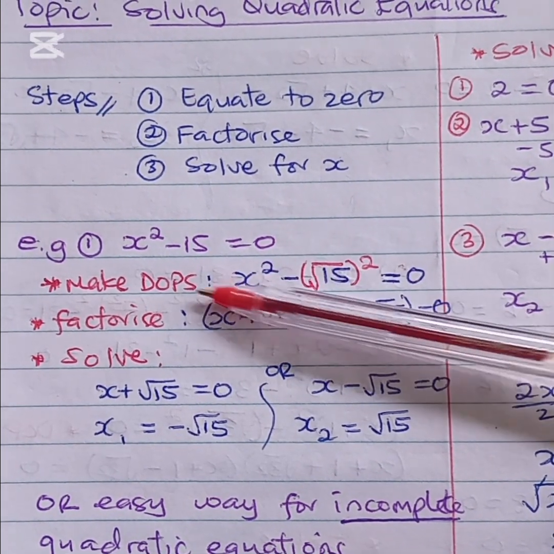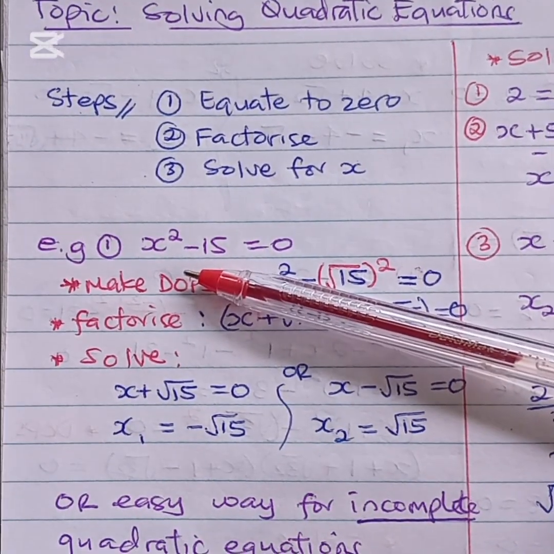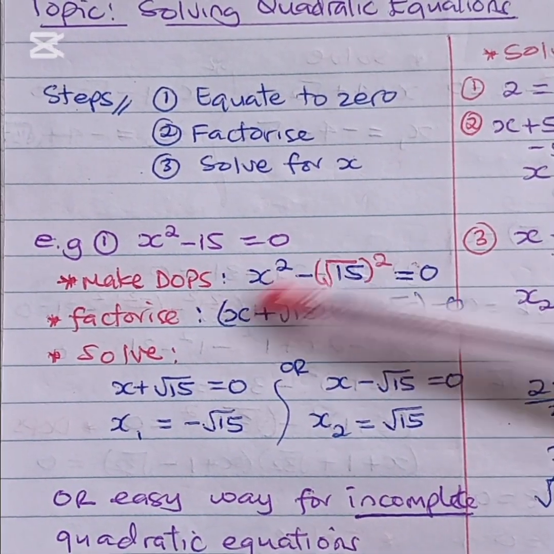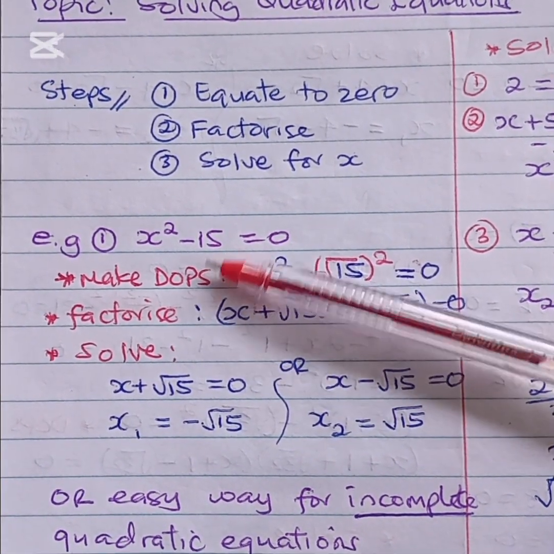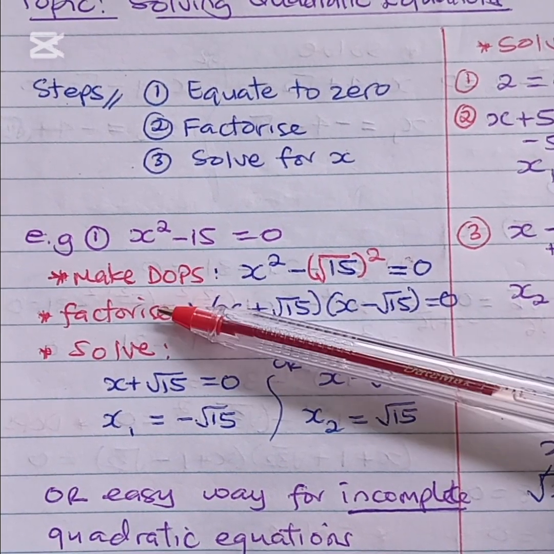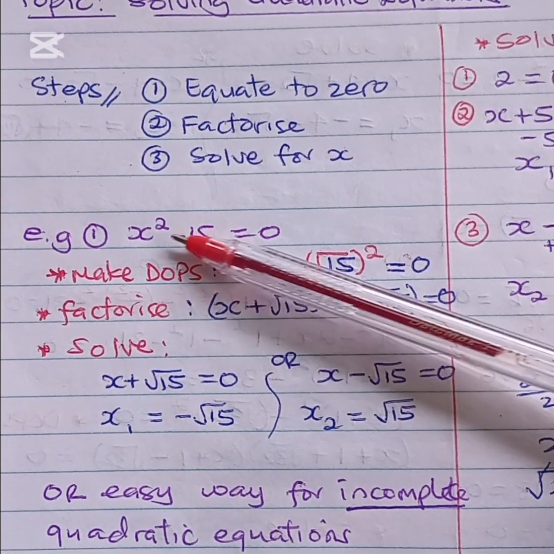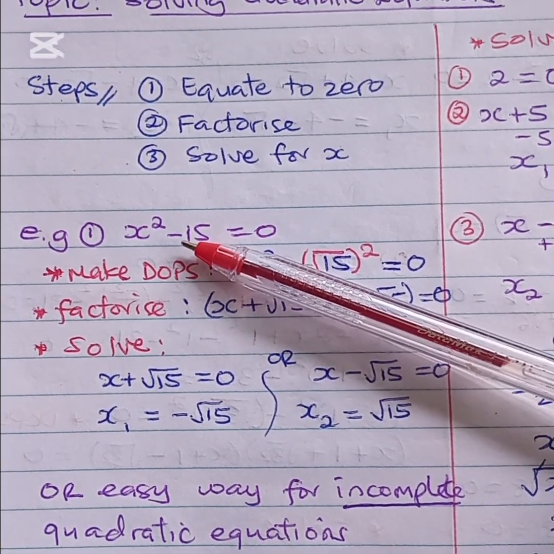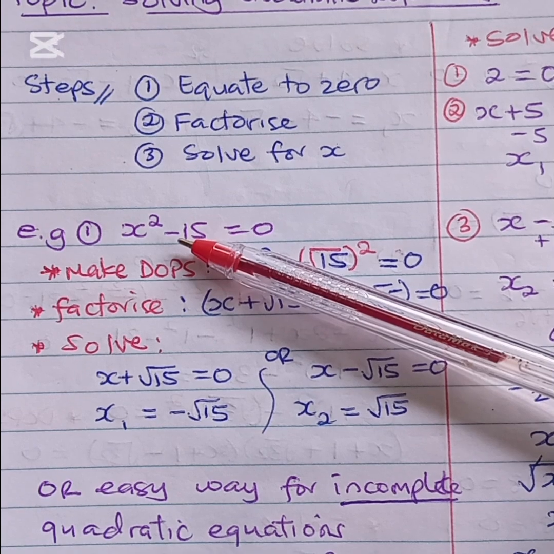Alright, we have the first example, x squared minus 15 equals 0. Here's one method where you make a difference of perfect squares. See, x squared is already a square number and we have minus there, that's a difference.